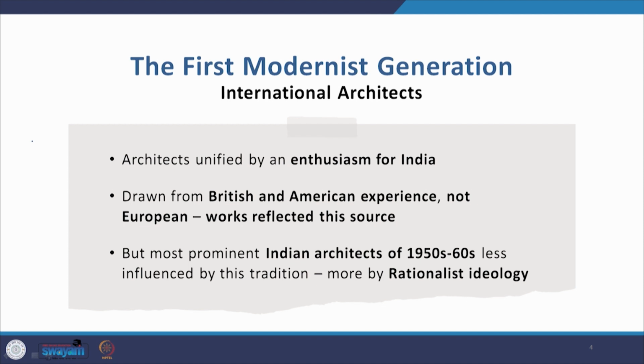But the most prominent Indian architects of the 1950s and 60s were less influenced by the British and American tradition and more impacted by the rationalist ideology that was coming from Europe. Now, this is the first generation of international architects.